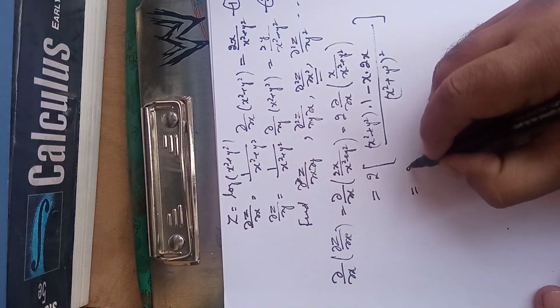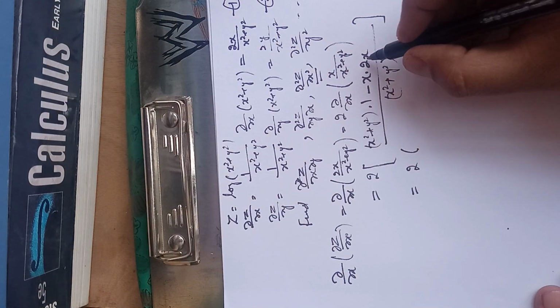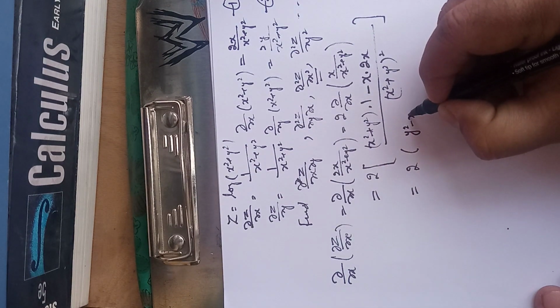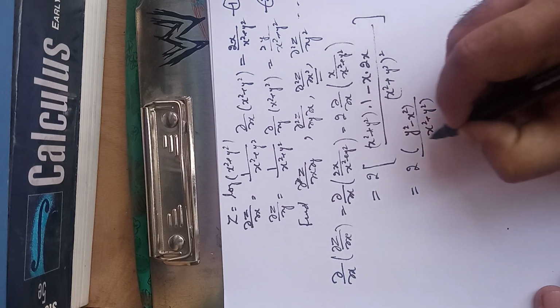So the solution is x square minus 2x square, so y square minus x square upon x square plus y square whole square.